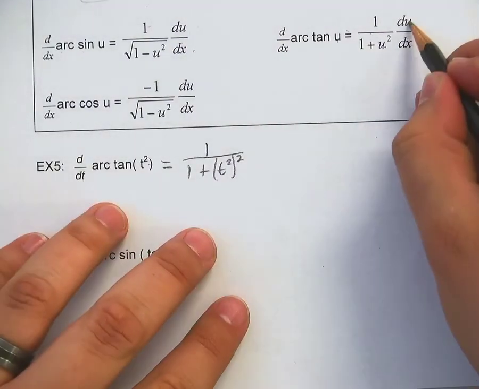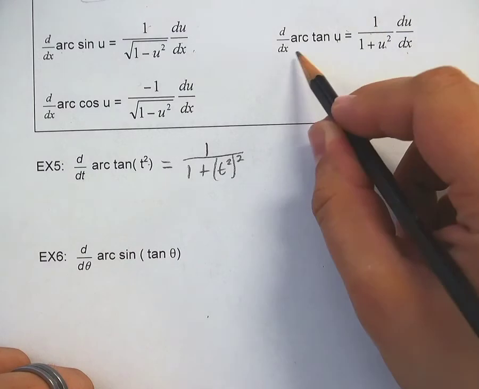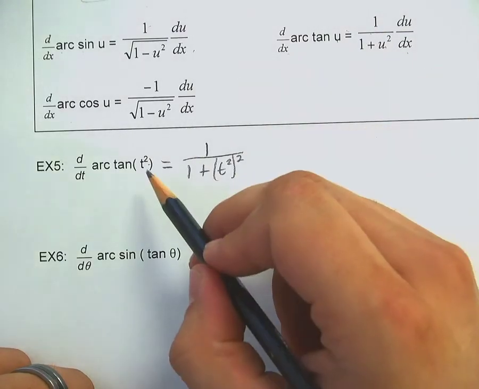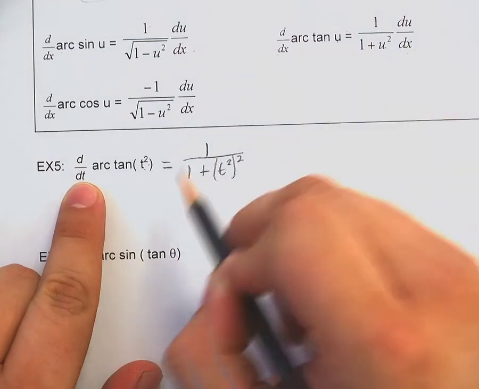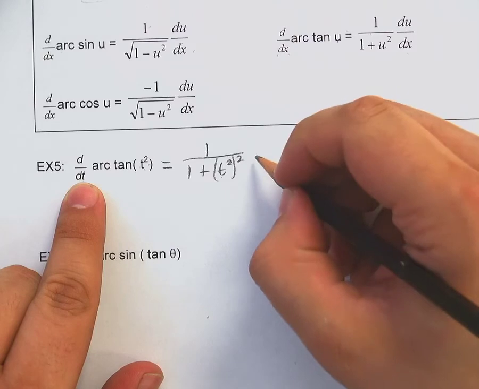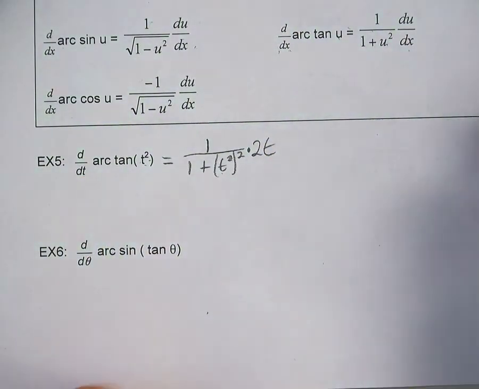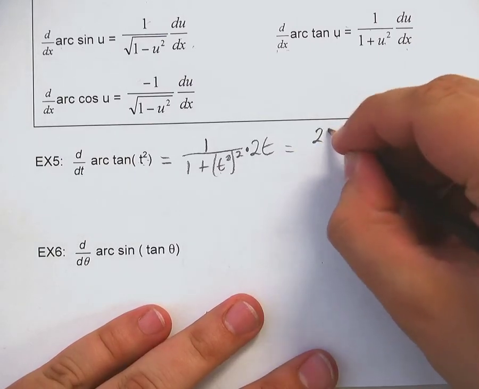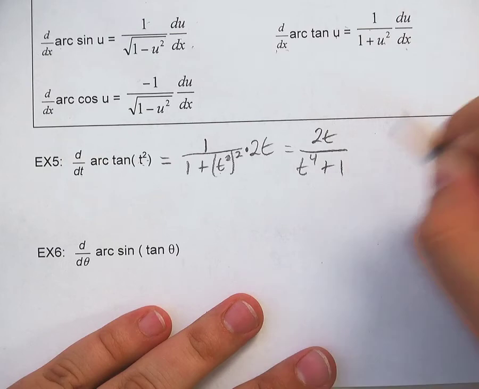Du dx, the derivative of u with respect to x. In other words, now that's because it's dx here. Here I'm taking the derivative of this with respect to t. Well, that's easy. The derivative of t squared is 2t, which is 2t over t to the fourth plus 1.